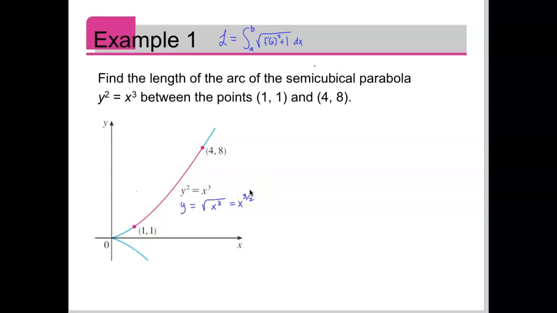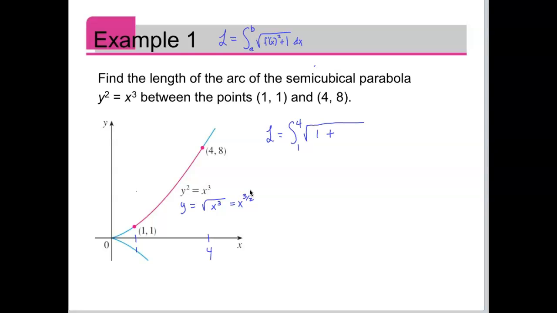So let's set this up. Length is the integral. And in this case, a and b are x coordinates because we're integrating with respect to x. So it's going to be 1 and 4. So I'm going to do the integral from 1 to 4 of root 1 plus. Now we need to find the derivative of this.